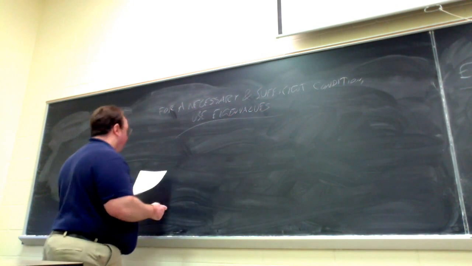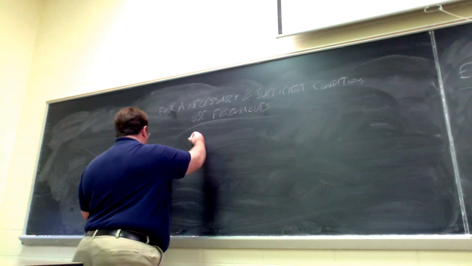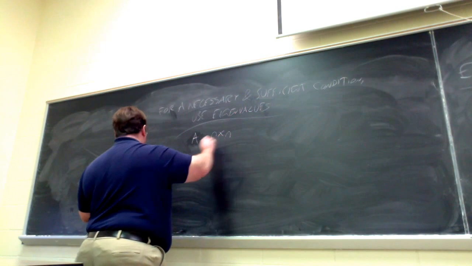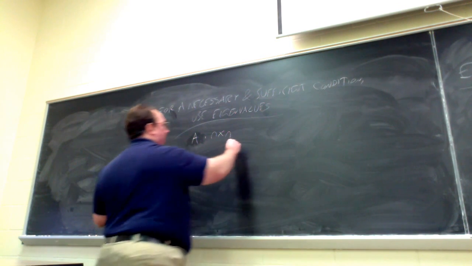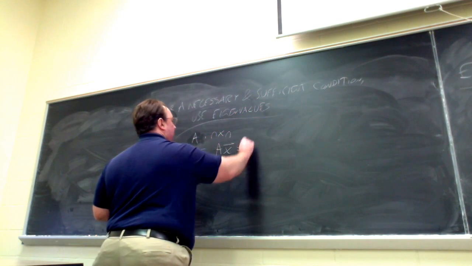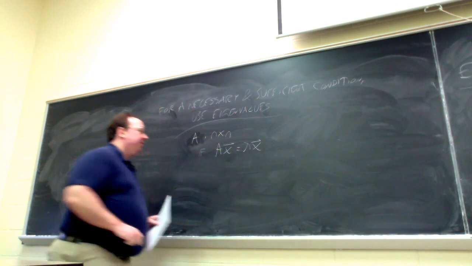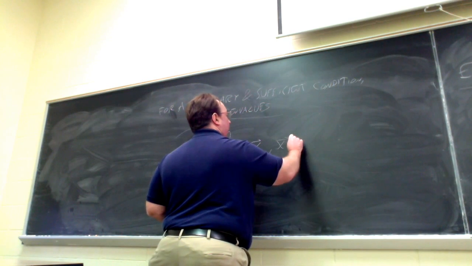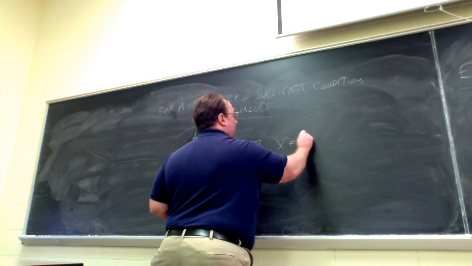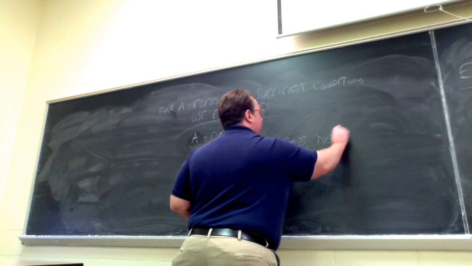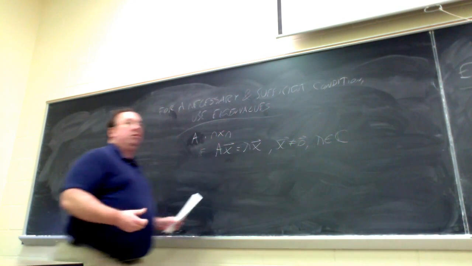Okay. Now, assume that A is an n by n matrix, so this A has to be square. If you have this equation satisfied, vector equation, A times x equals lambda times x, x has to be a non-zero vector, and lambda is some real or complex number.